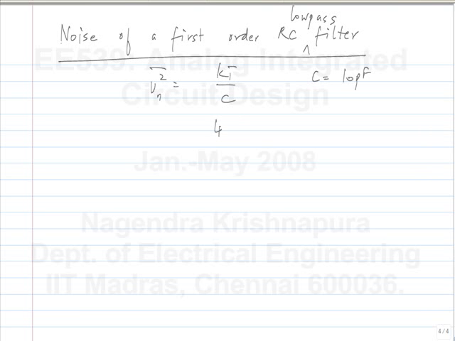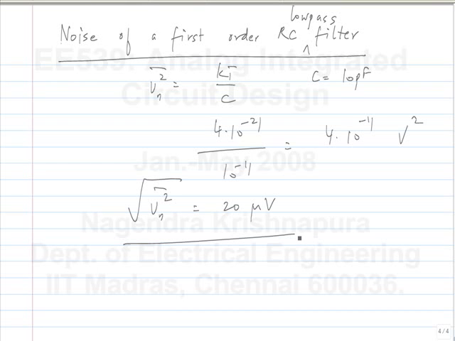So kT is this and C is this. This corresponds to an RMS value of 20 microvolts, right? So this again is just to give you a feel for the kind of numbers you will see. So 10 picofarad may be roughly the value of capacitance you will use on a chip. Of course it will be different, but it is not going to be many nanofarads. Okay.